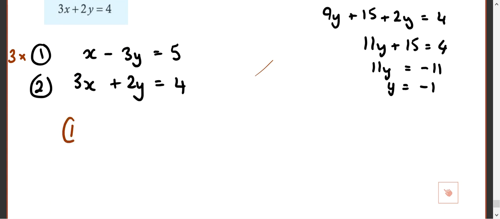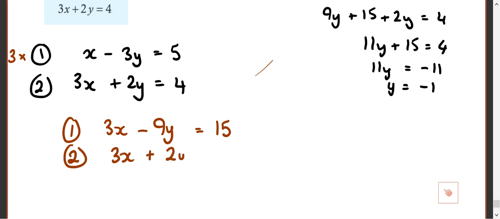So number 1 becomes 3x minus 9y equals 15. Number 2 is still 3x plus 2y equals 4. Now what do you notice I've done that a lot of you wouldn't bother with? Writing it all out again. Some people think, I've not done anything to 2, I'm just going to write number 1 again underneath. Why did I do this?